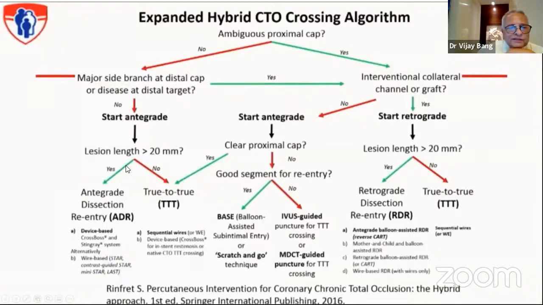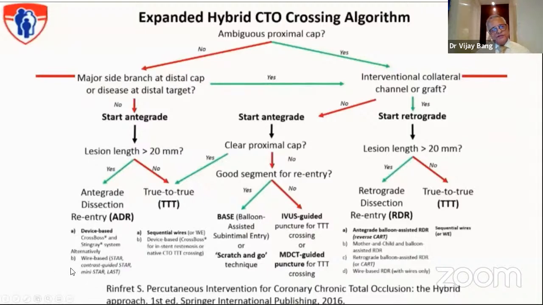If the CTO length is more than 20 millimeter, antegrade dissection is the preferred approach, and we can use Cross-Pass and Stingray. Earlier it was STAR for ADR, or contrast guided STAR, or mini-STAR, or LAST.